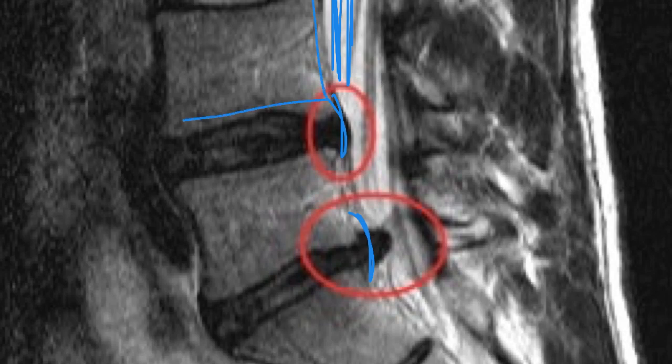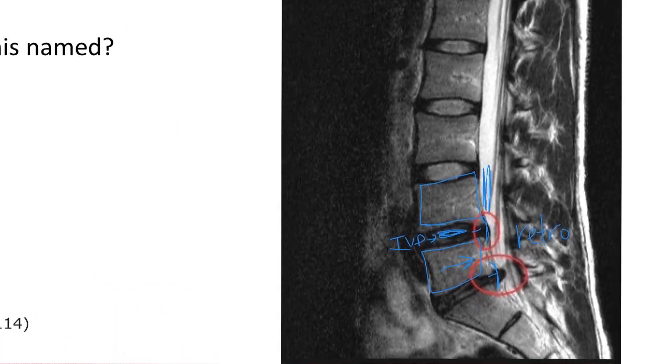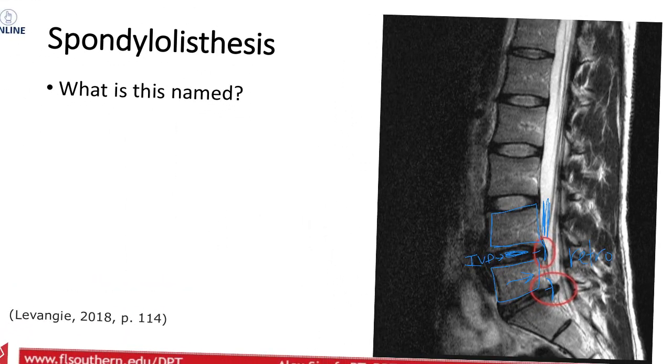So these are the vertebral bodies, obviously, vertebral body, and within that you have the intervertebral disc, the IVD, which is there, and so you have a listhesis going in that direction. So if it's going posterior, we would call that a retrolisthesis. And that is significant.